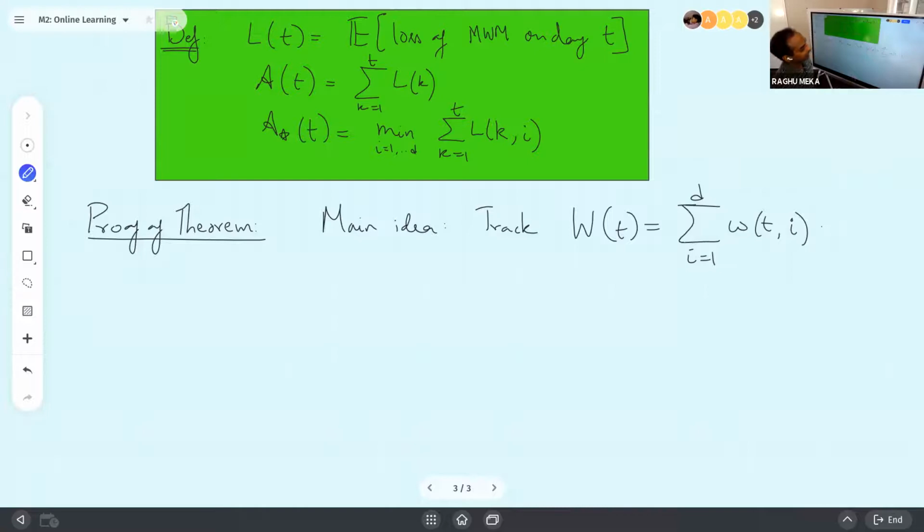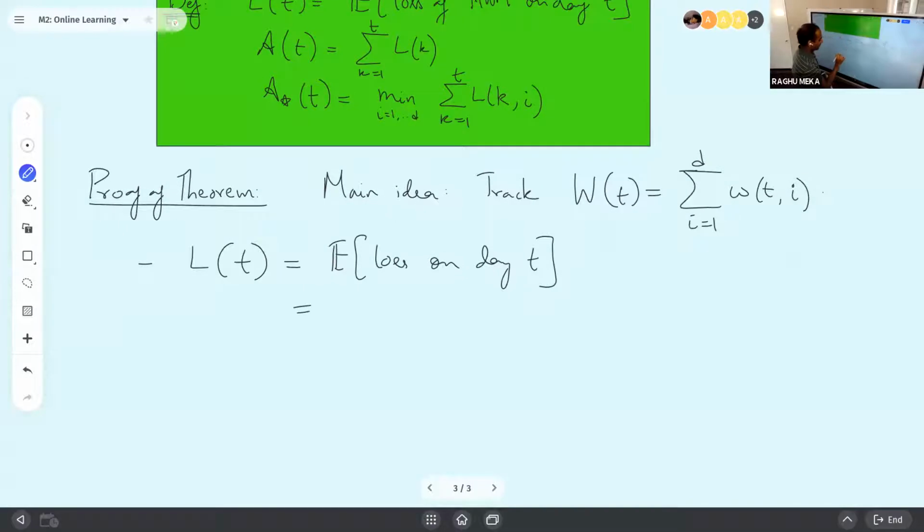I want to relate this potential function to the performance of our algorithm. So first step, let's try and calculate what this loss is. What is this expected loss that we have on day t?